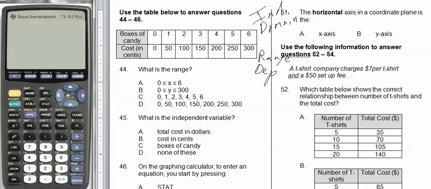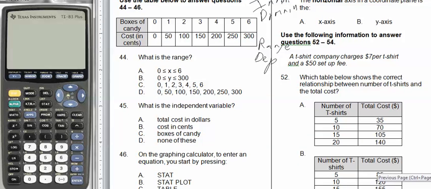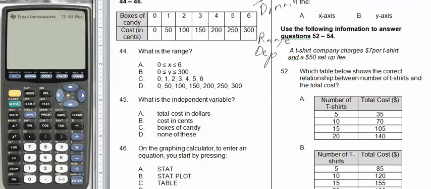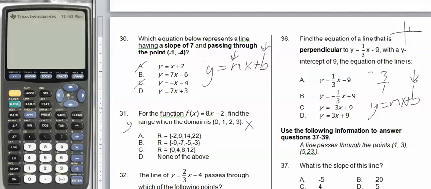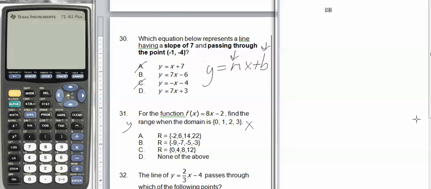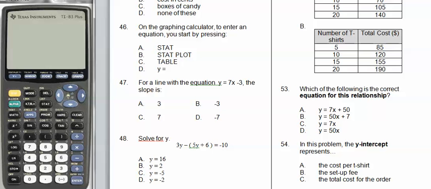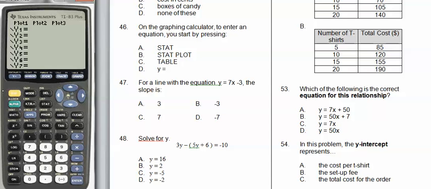And then on 46, to enter an equation, we've been doing quite a bit of that, so you should have that by now. On the calculator, you just hit Y1 to enter an equation in.